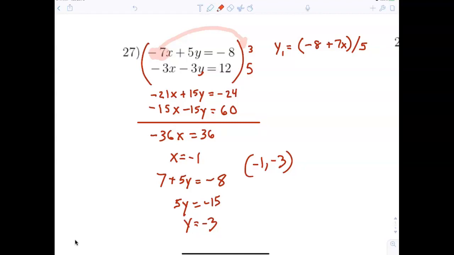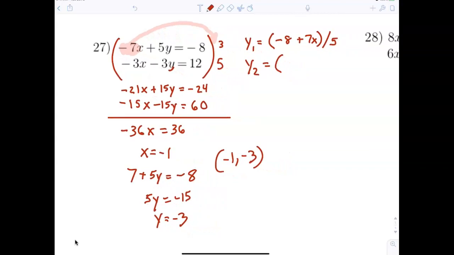On the second line, Aiden, what's y2? Nope. 12 what? Plus 3x. Then what? Exactly. Everybody type that in the calculator and see if that's good. Very easy. You understand that now?